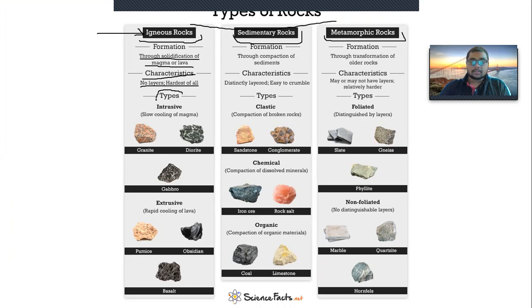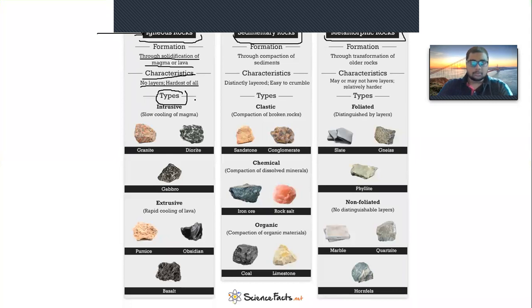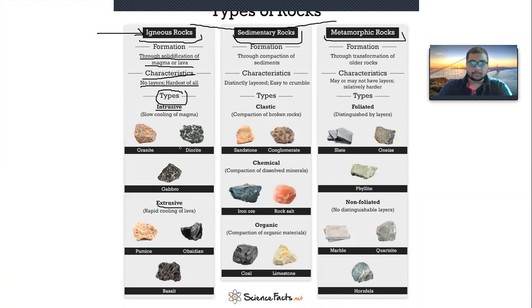Then what are its types? There are two types: intrusive and extrusive. Intrusive means the rocks which are formed with the slow cooling of magma.